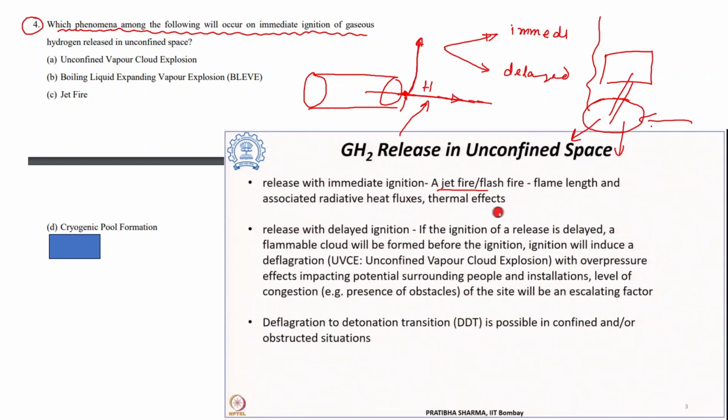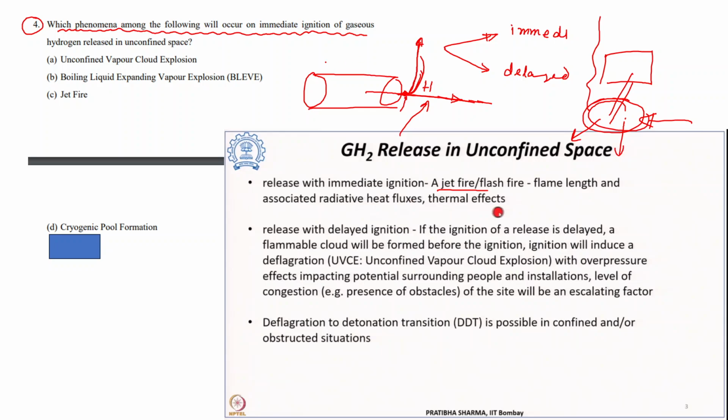If I put ignition or fire into the hydrogen, the concentration will be low, and there will be no immediate jet, but explosions will be there, and high knocking, I mean a high pressure difference, will be there. But in the immediate case, the total hydrogen will catch fire and go upward at very high speed. It is like jet speed.